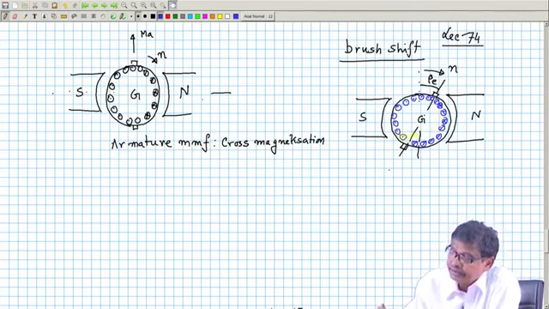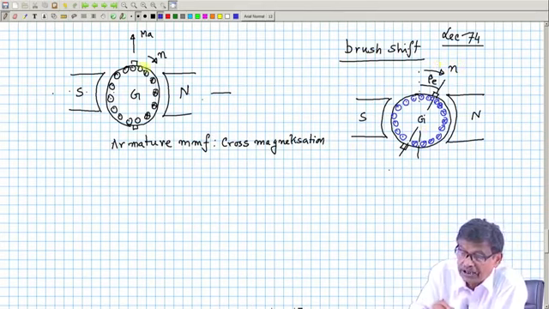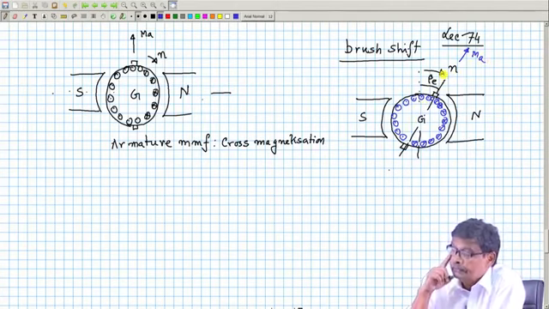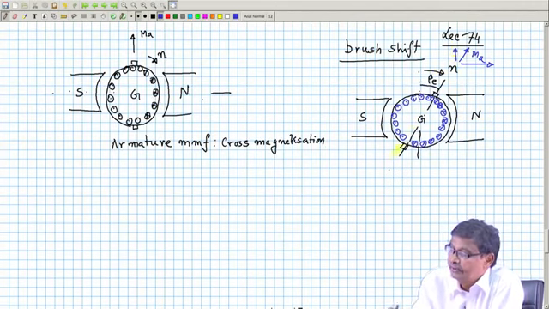Now, under this situation, you find that the armature MMF will not be along the vertical, but along this line. This will be the armature MMF, and we can easily see it will have two components: one along the D axis, another along the quadrature axis.